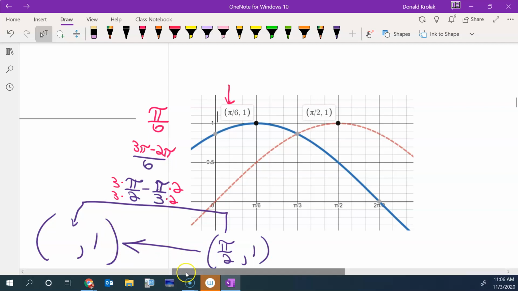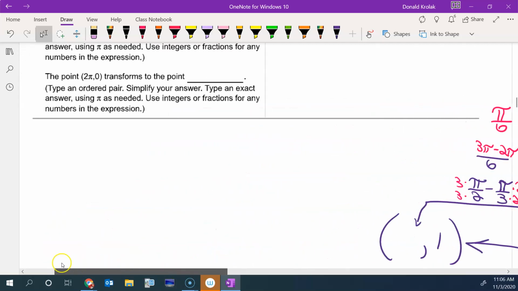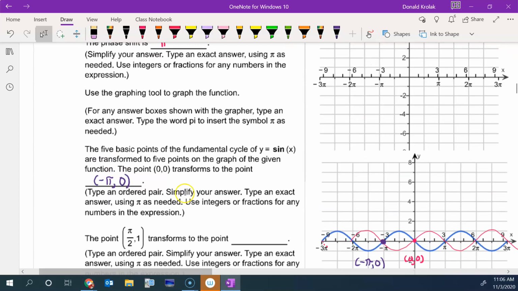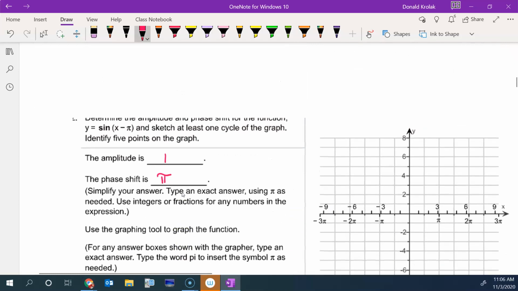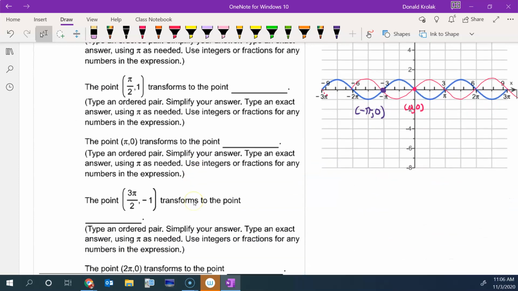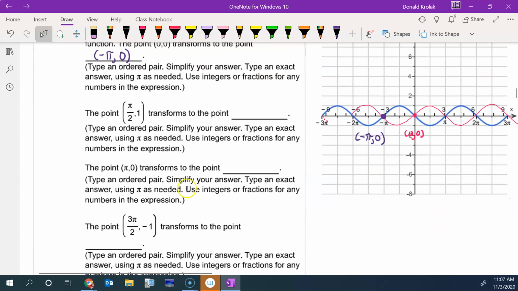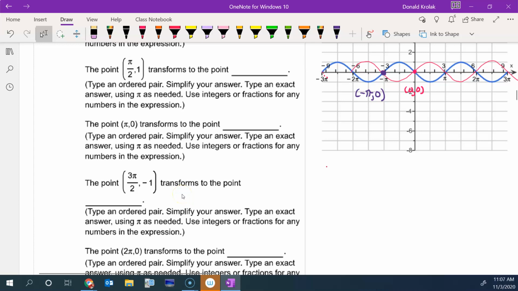So for all of these questions, once you know how you're going to be sliding, so mine, I was adding pi. So what I would do to answer all of these, if I didn't want to have to go back and forth between Desmos and everything, these are the points that it's asking me to do.